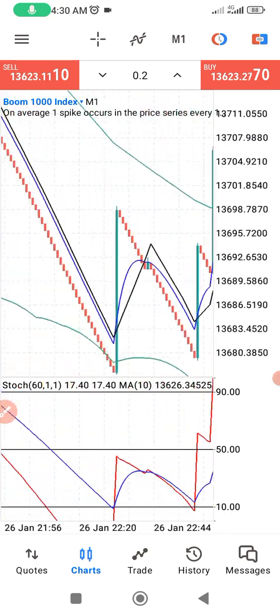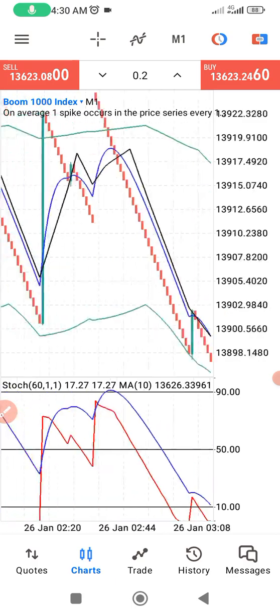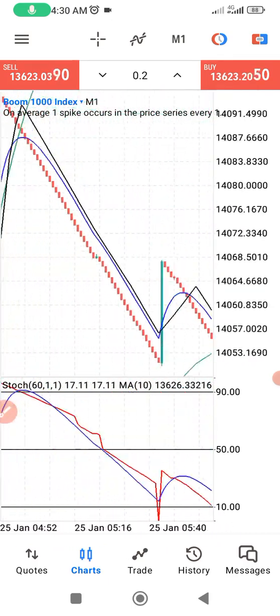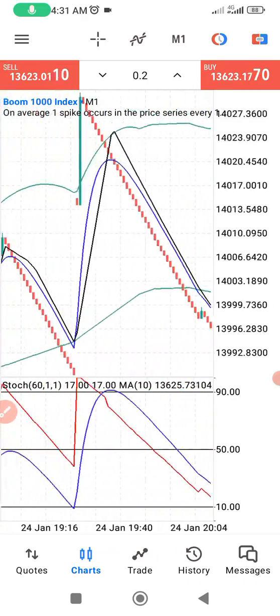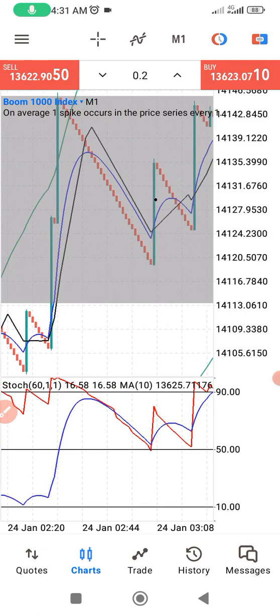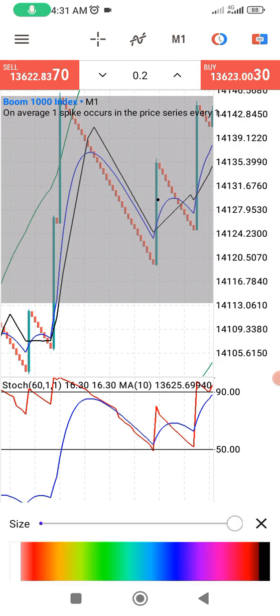So there must be a confluence between 15 minutes, 1 minute, 5 minutes before you make your entries. Very, very important. Great. Do you see that? Look at it. It's happening here at the upper band on 1 minute.